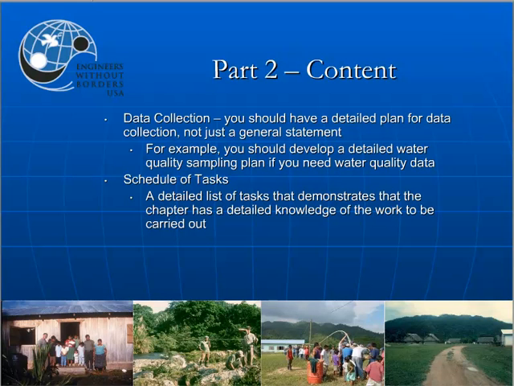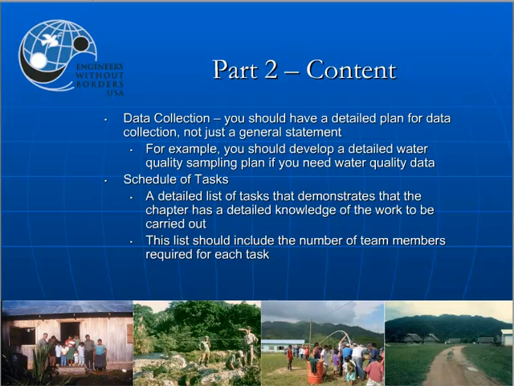And then come up with a schedule of tasks, and it should be a detailed list of tasks that demonstrates that the chapter has detailed knowledge of the work that you're going to be carrying out. And you should include the number of team members required for each task. So if, for example, you are going to be doing some topographic surveying, and you have it listed for, say, 2 days, well, we're going to want to discuss that with you.